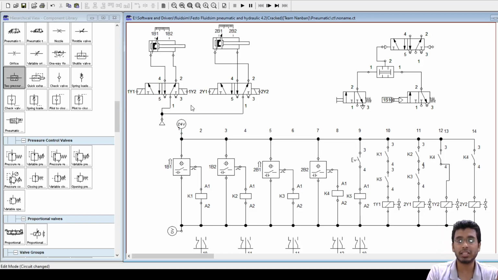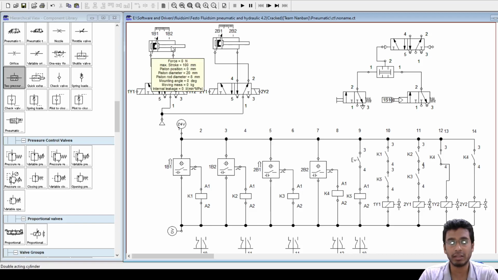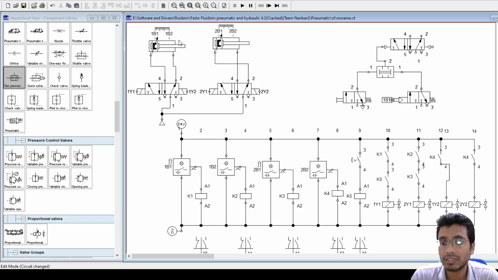It closed the circuit and your cylinder retracted back. So in that case, initially this second cylinder will be extended. The moment the cylinder completely extends, the cylinder will retract back. So in that case, suppose this is K2, this K2 and K3 would initially energize 2Y1, but the moment this 1B2 is energized, this would again get de-energized and the cylinder will retract back.